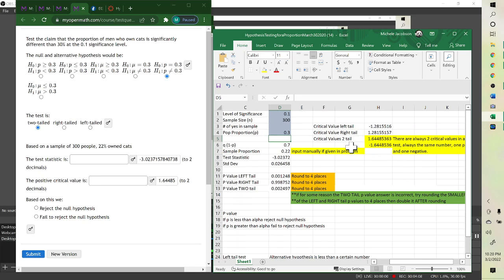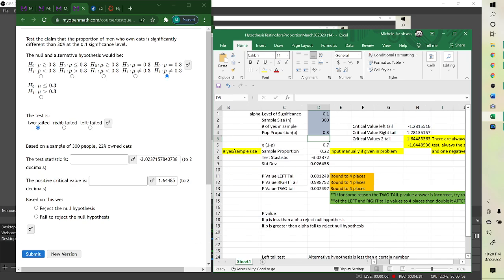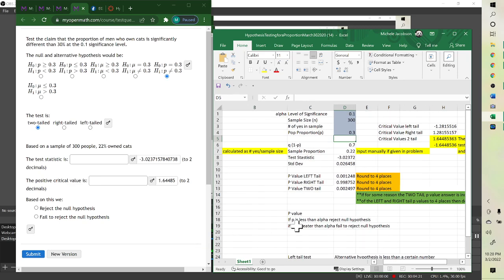And it was not equal to, so the critical value is a two-tail right there. The p-value is this 0.002, which would be less than the level of significance, so we reject the null hypothesis.